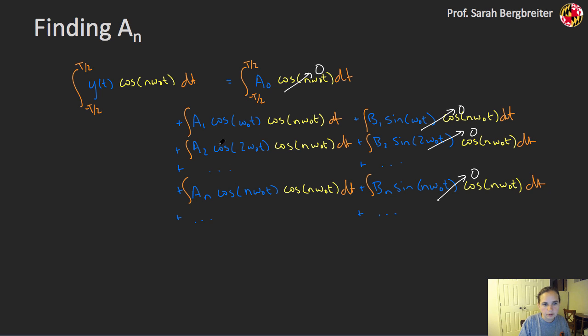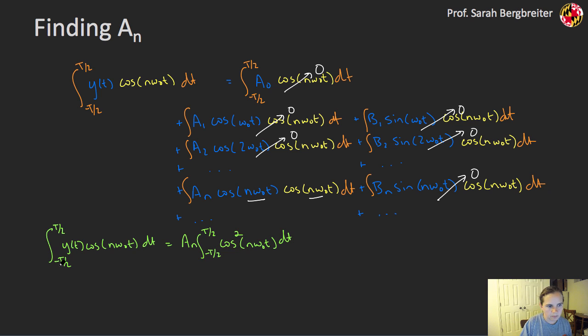And then I need to go through these multiplication of cosine terms. And remember, these were also equal to 0 except for one case, and that was when these two frequencies were equal. So when I have an n omega naught and an n omega naught here. So I can rewrite this whole thing down here, so minus T over 2 to plus T over 2.